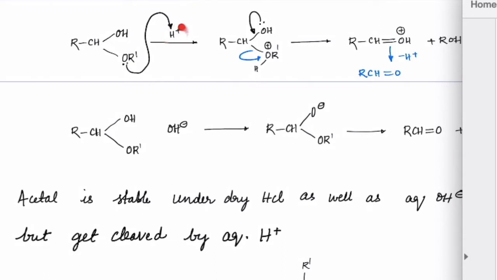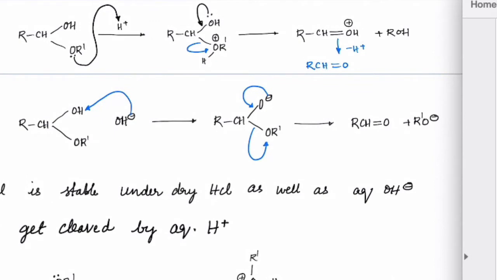This is in acidic medium. Now see what happens in basic medium. In basic medium, OH minus will first extract the proton. It would become O minus. The minute it becomes O minus, it will go for elimination, alpha elimination. So it will become double bond O and RO minus will come out, just like E1CB.